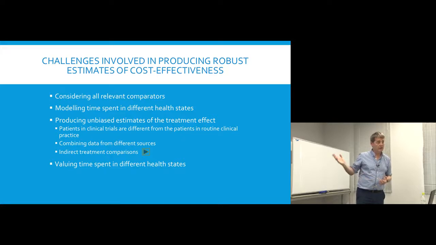So when we looked at generic preference-based measures, EQ5D, things like that, when we looked at mapping from a condition-specific to a generic measure, all those issues arise or can arise in an economic evaluation, making it harder to get a good estimate of cost effectiveness.